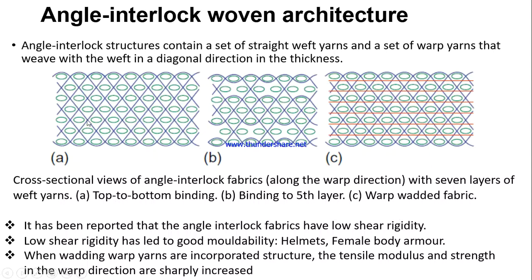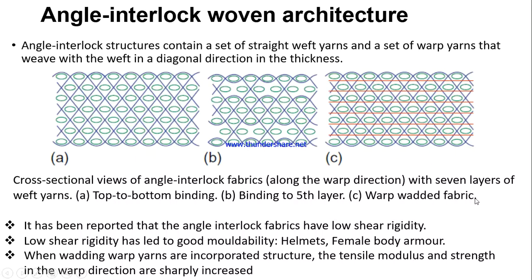That means if you follow one blue binder yarn, it goes to the top and then again comes back to the bottom. So top to bottom binding is here. But binding to fifth layer in part B, you can see successive 5 layers are bound by this yarn. Okay, binding by fifth layer. So each and every binding yarn actually binds the fifth layer only.